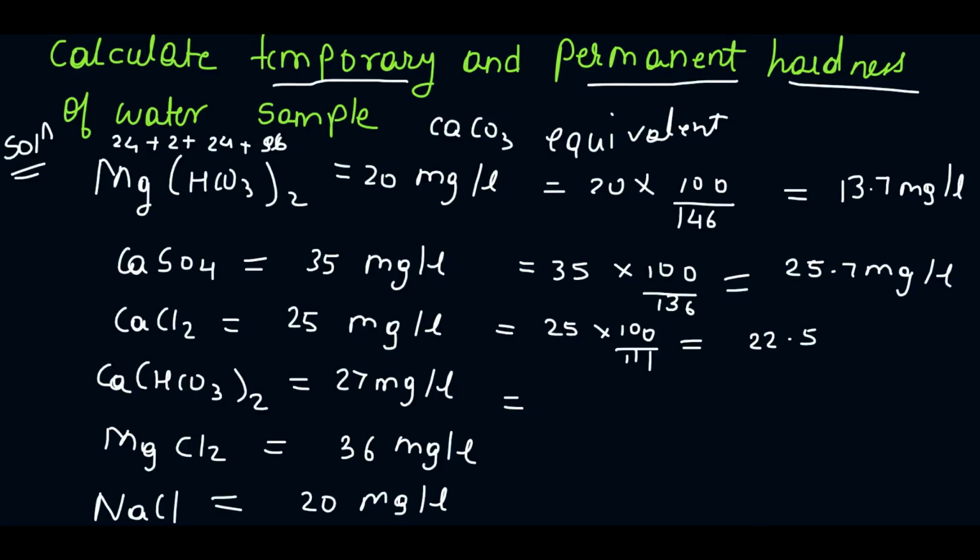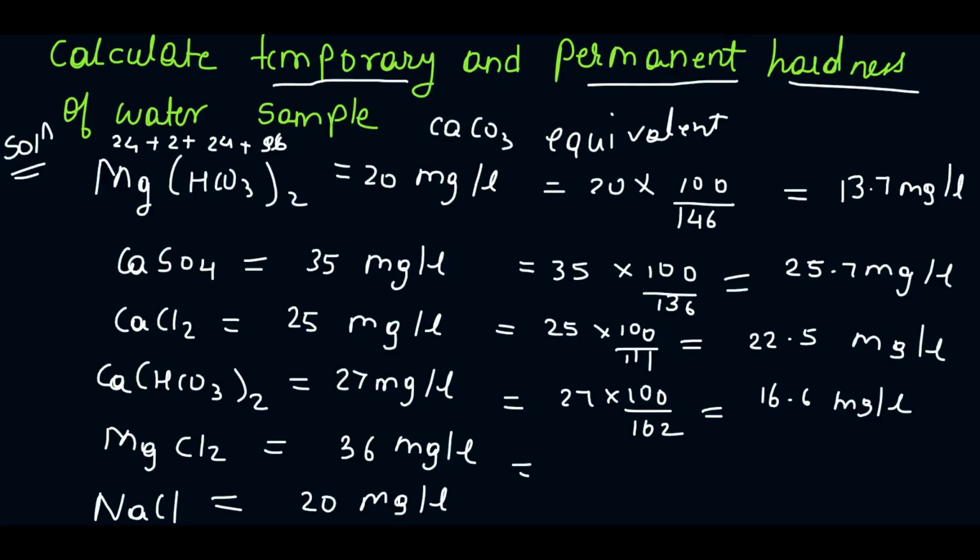Then what about Ca(HCO3)2? That is 27 into 100 upon 162 is equal to 16.6 milligram per liter. Here also milligram per liter.